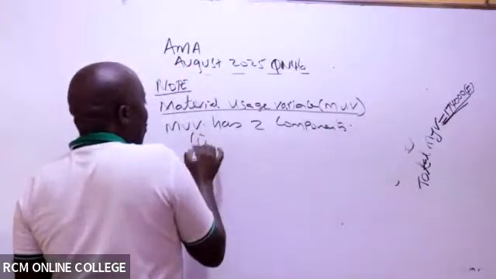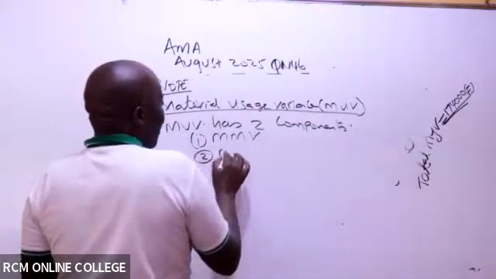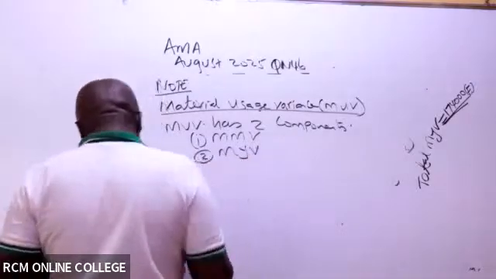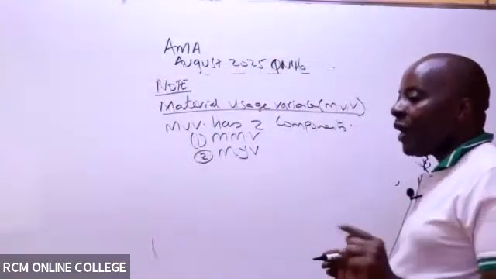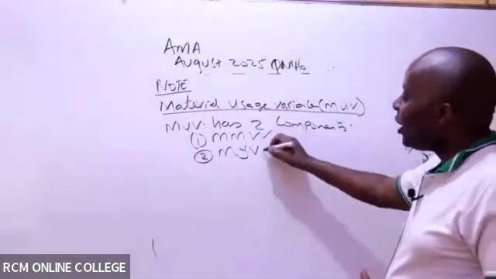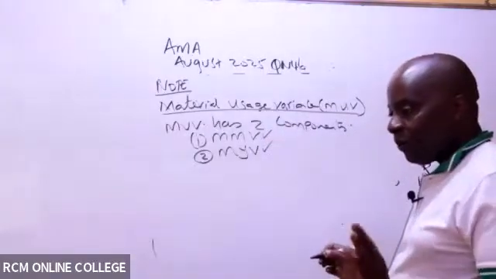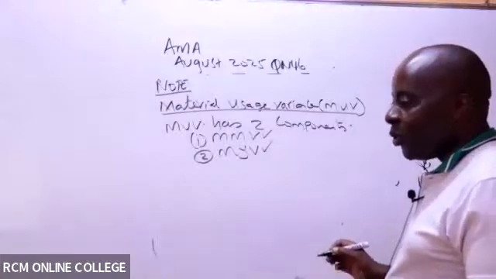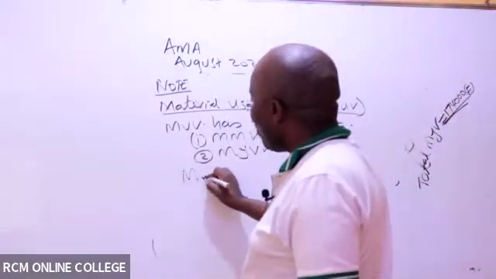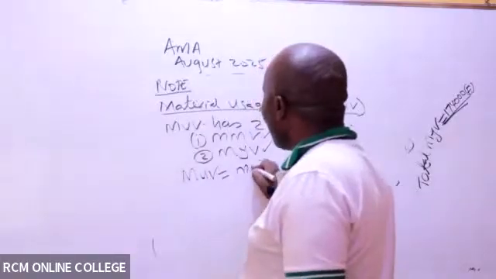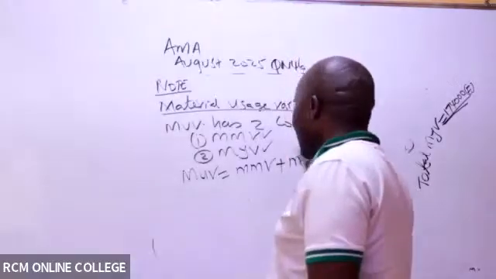Number one, we have the material mix variance, and then number two, we have the material yield variance. Meaning that if the examiner tells you to get material usage variance, after you have gotten the two components, you don't have to go and start using the other formula. No. What you basically do is add them. So my material usage variance will be my material mix variance plus my material yield variance.